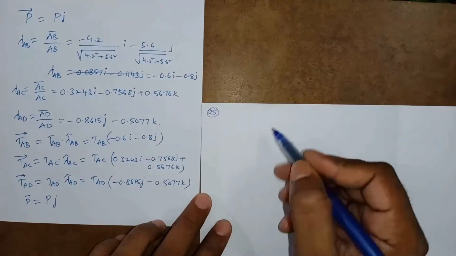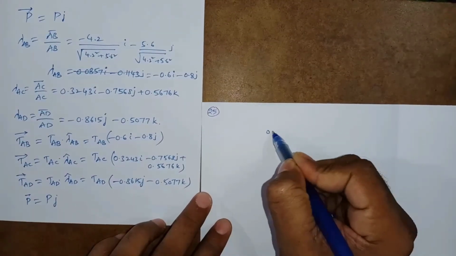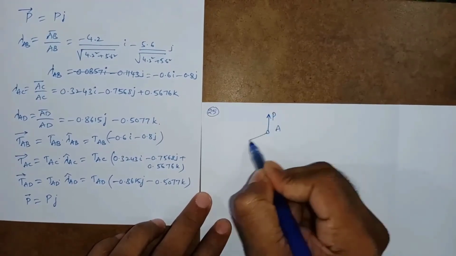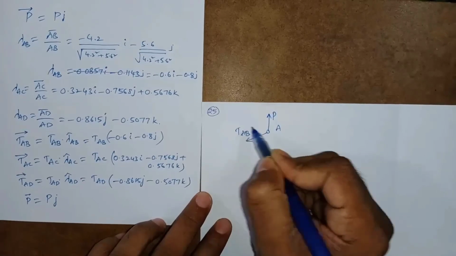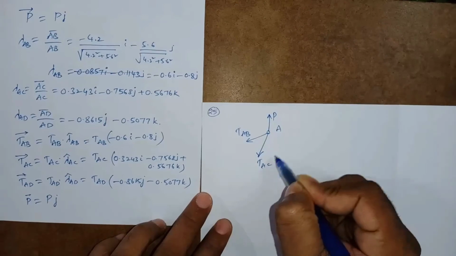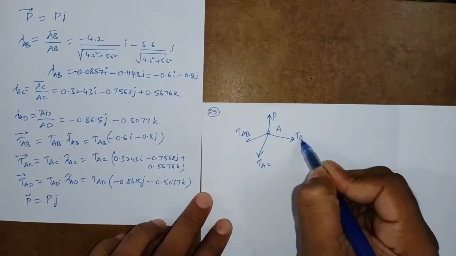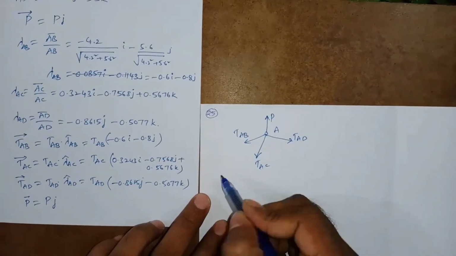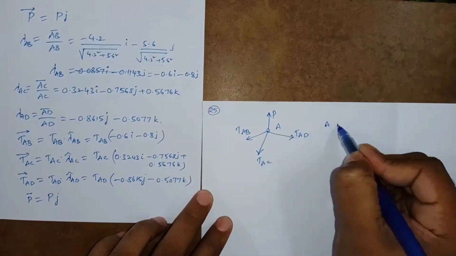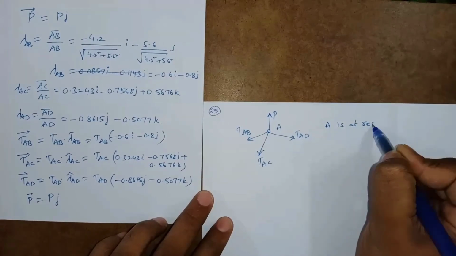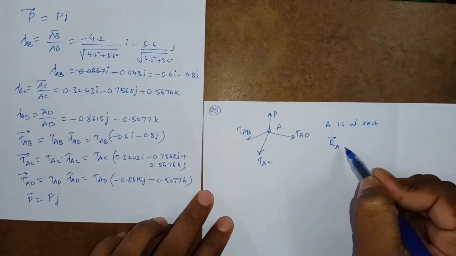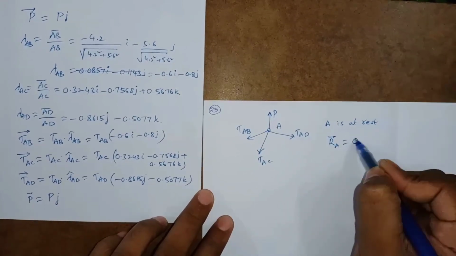At A there is the vertical force P and the tensions TAB, TAC and TAD, and point A is at rest, so the resultant force at A equals 0.